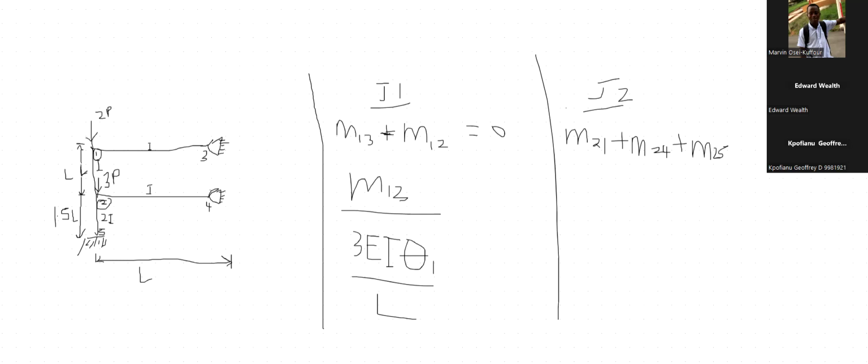Then we do M12. M12 is like a fixed support, just that the thetas are not equal to 0.